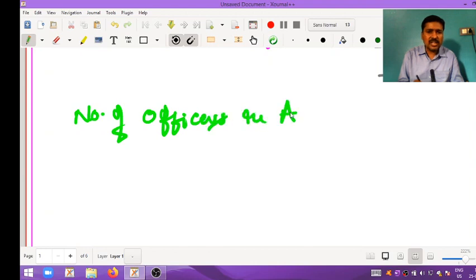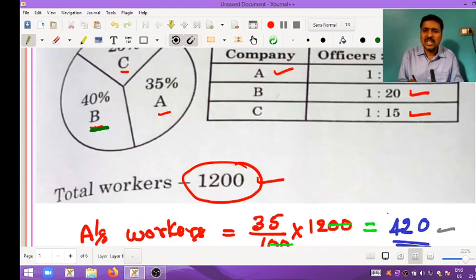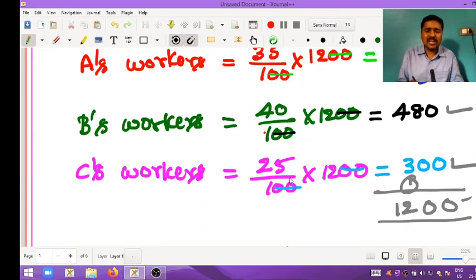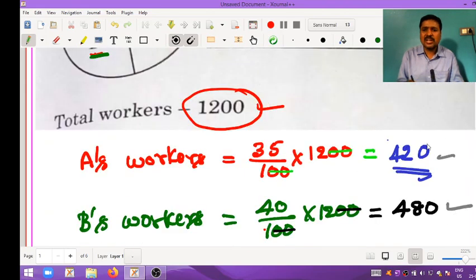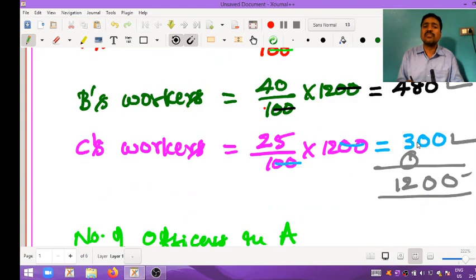In company A, the officers and workers ratio is 1 is to 35. So we want to find the number of officers in company A using this ratio. For one officer there are 35 workers. But in company A, 420 workers are there. So for 420 workers, how many officers, that we want to find.